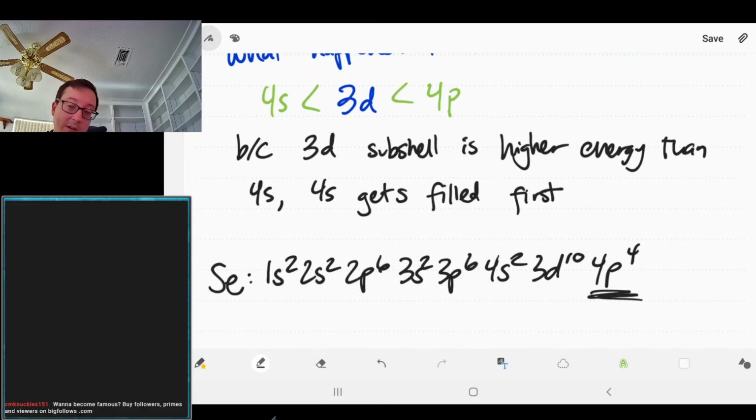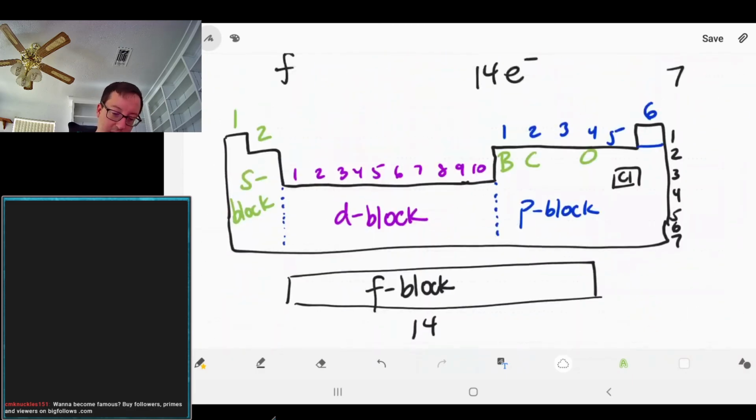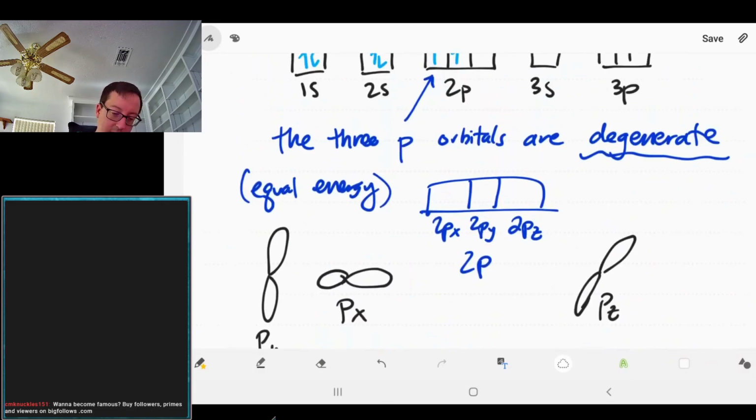Or if you really want, you can bust out your boxes and start doing that, but you're going to have this 3D problem. So, without the periodic table, what's a way for us to remember this? I have one for you, a way to remember, or a way to tell you which is higher energy, all that stuff.